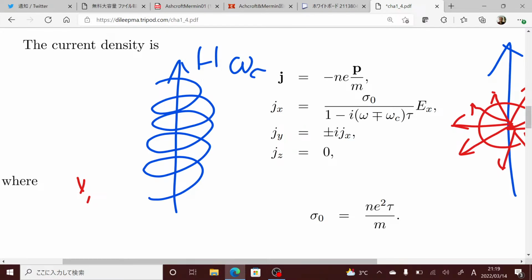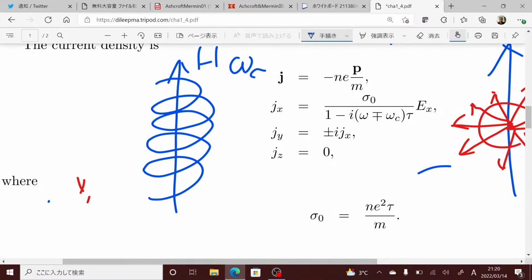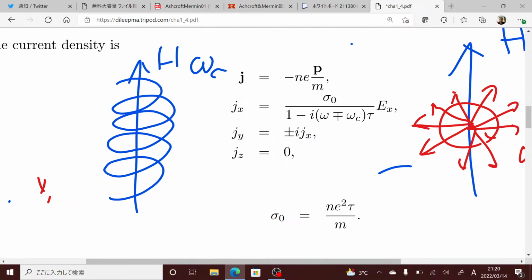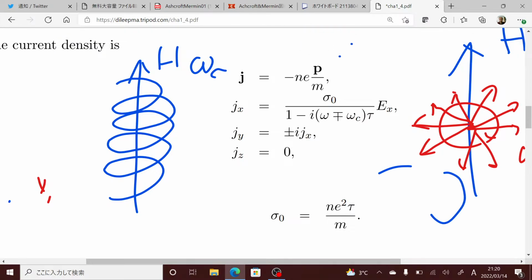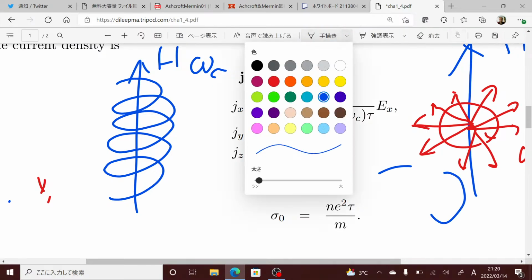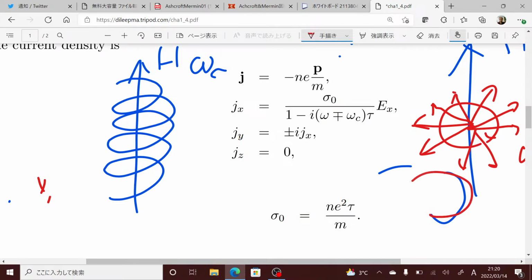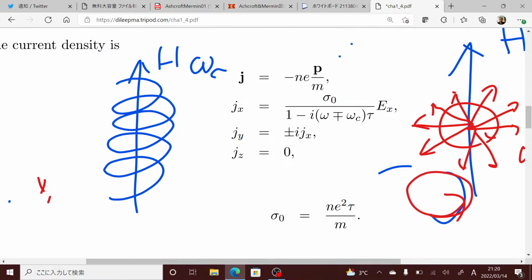Okay, so then if your electric field is rotating in the same direction as this helical circular motion with the same angular frequency, then this will be double, I think.